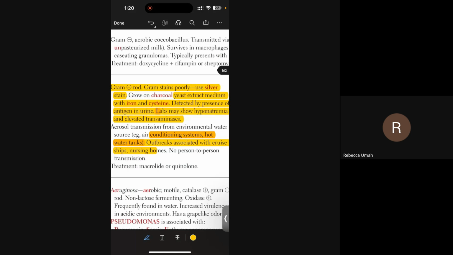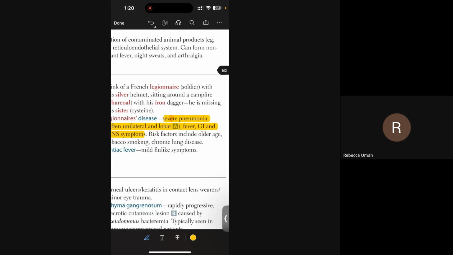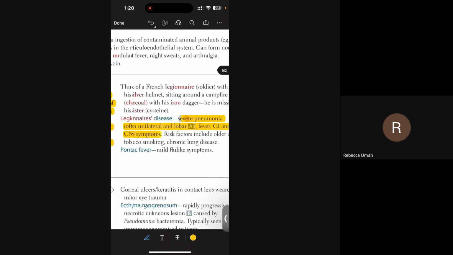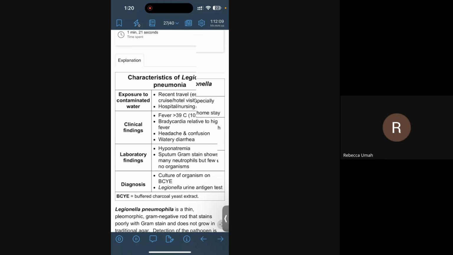It spreads by aerosol transmission from environmental water sources, associated with cruise ships and nursing homes, causing severe pneumonia, fever, and GI and CNS symptoms. So what will be the answer here? B. Building water distribution system.